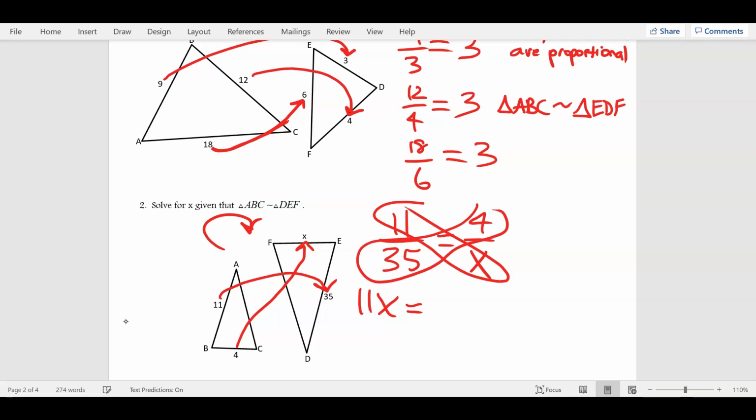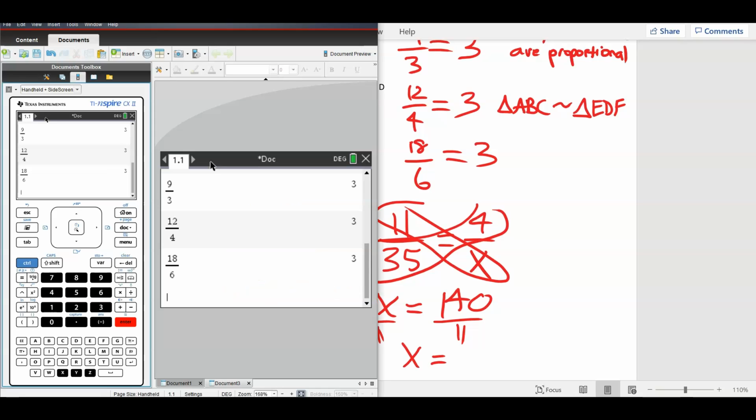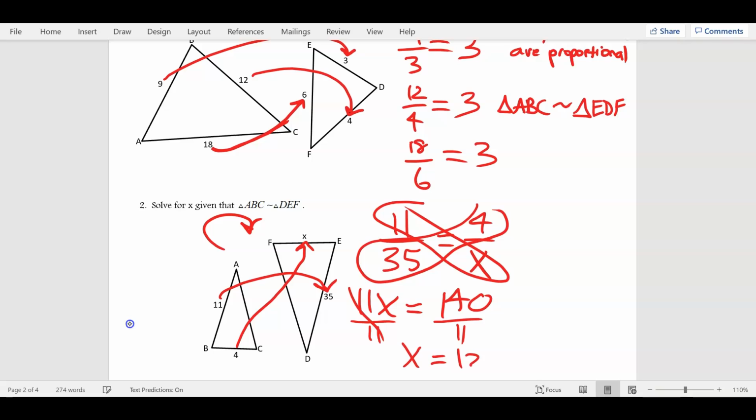And then to get rid of that coefficient 11, I divide by 11. 140 over 11 is 12.7273. 12.73 when I round that.